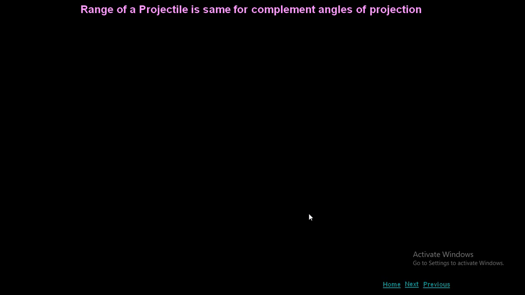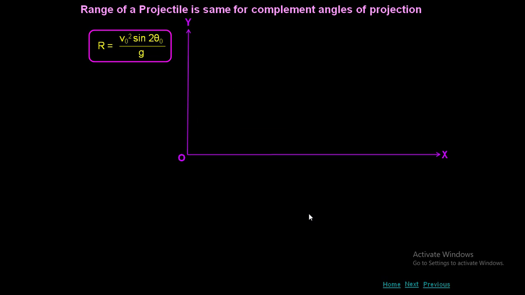Range of projectile is the same for complement angles of projection. We know that the range is nothing but v naught square sin 2 theta naught by g. Now if you take the coordinate system, it is a linear line which is 45 degree exactly in the middle.